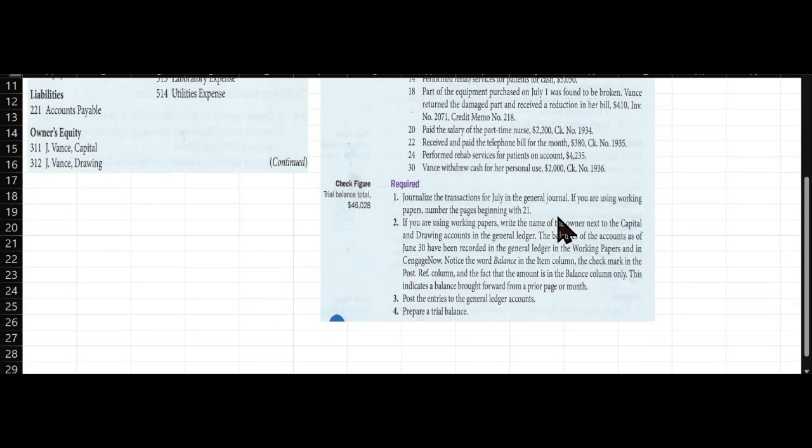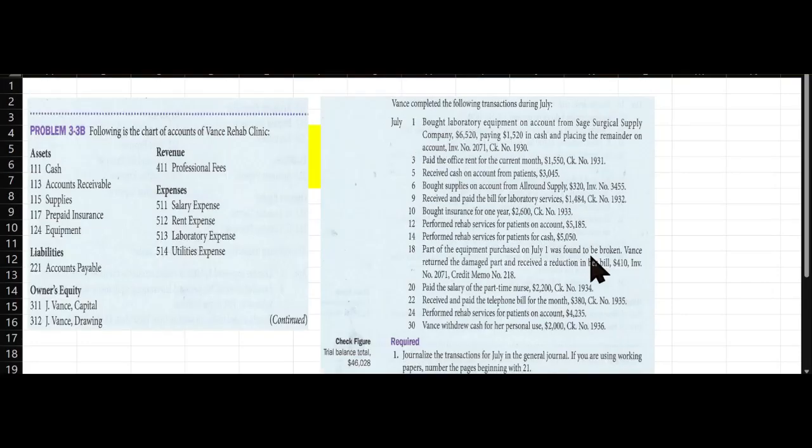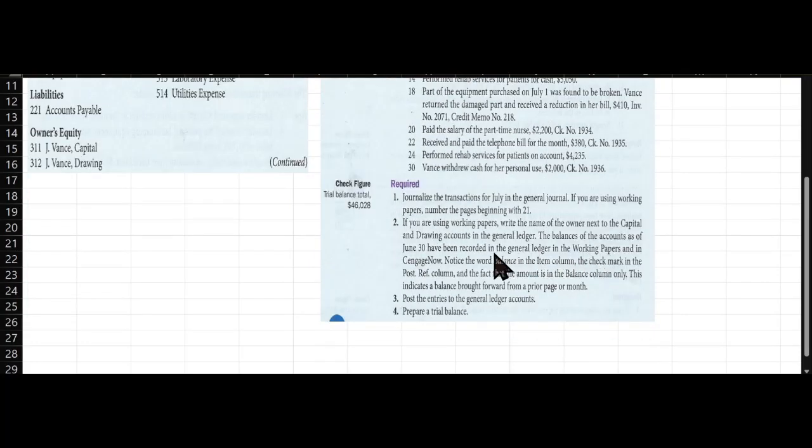The other thing that is different about this problem is that we are not starting from the beginning of the business. We are picking up after some time has passed. So we're doing this for the month of July, and they're giving us balances from the previous month, the month of June.